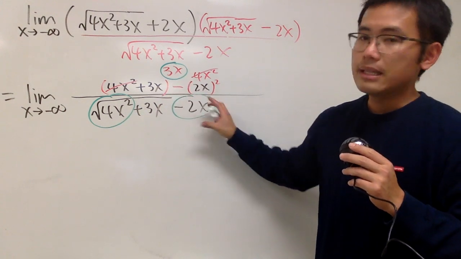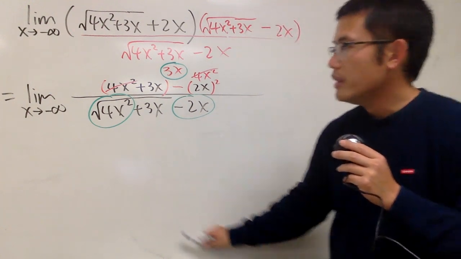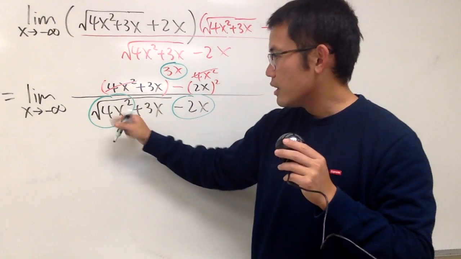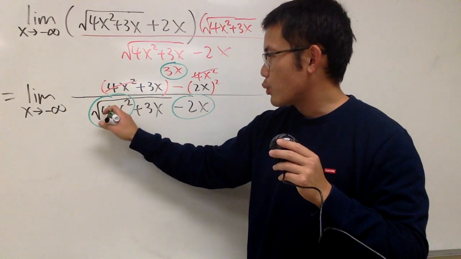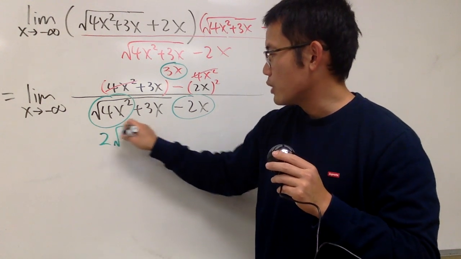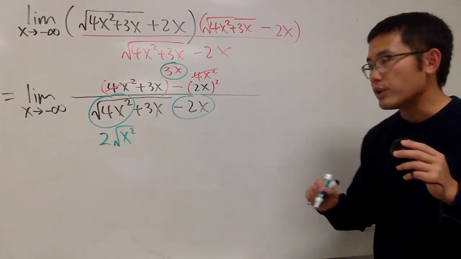Now, this and that, this right here, we have to talk about a little bit. The reason is because x is approaching negative infinity. So right here, what we get is square root of 4 is 2. No problem on that. And then of course we have to look at square root of x squared. But let me just put this down on the side for you guys.